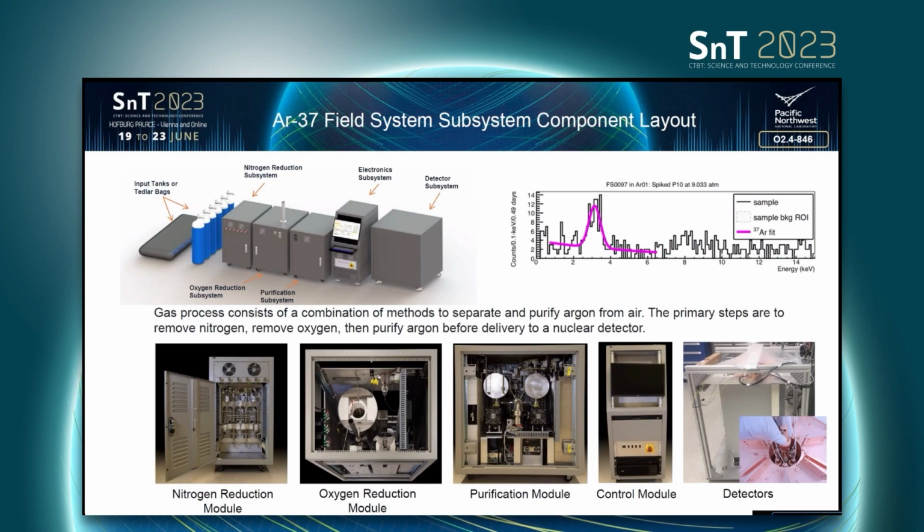You remove nitrogen as your first step, then you remove oxygen, and then you do a final purification to get rid of any noble gases, any nitrogen or oxygen that remains. Then you put that gas into the detector with methane, and you make a measurement with a proportional counter. Our system's all automated. You can see the peak up on the top. That's a calibration standard at about 2.8 keV.